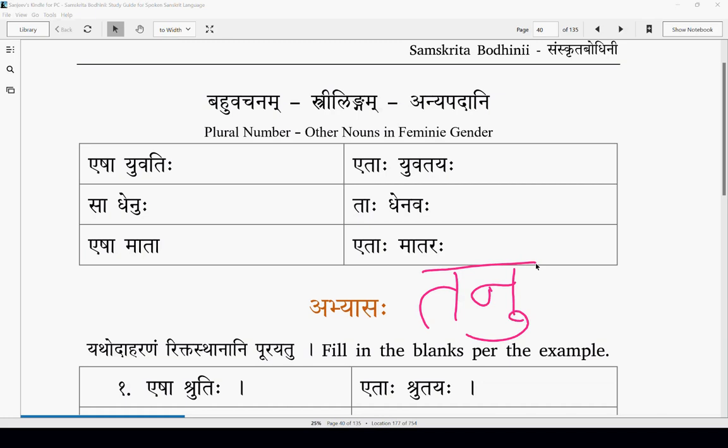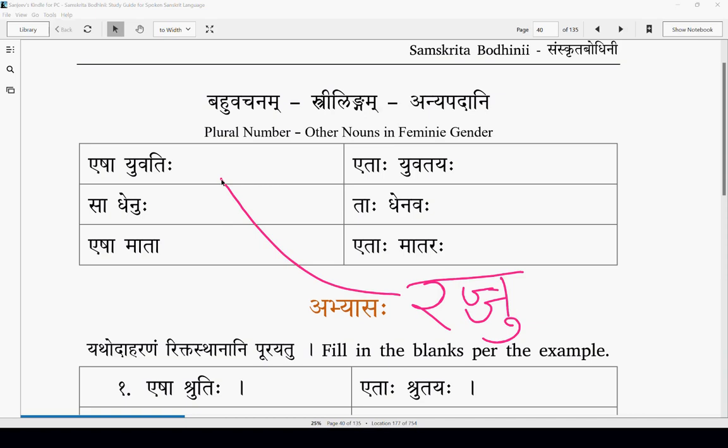Tanuhu, Bahuvachana becomes Tanavaha. And we have Rajju. Ekavachanam: Rajjuhu, Bahuvachanam: Rajjavaha. Rajju means rope.